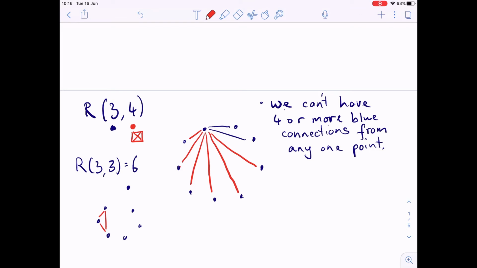If we have that, well then, because all of these nodes are connected to this external node in red, we're going to end up with an R4, 4 nodes all connected by the same colour. So that means that we can't have 2 or fewer.